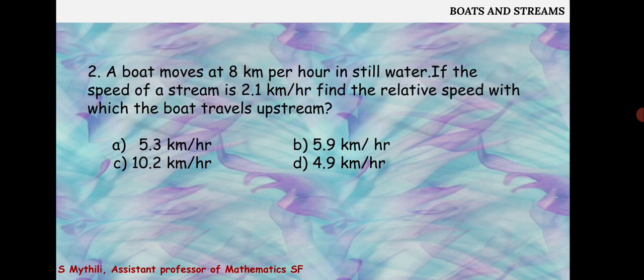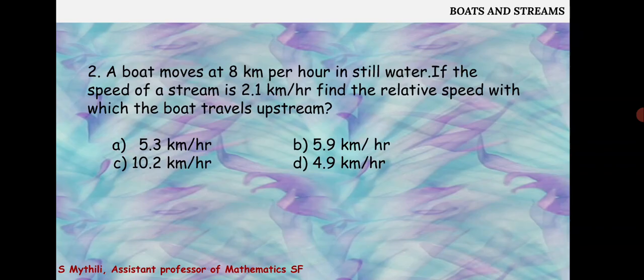A boat moves at 8 km per hour in still water. If the speed of a stream is 2.1 km per hour, find the relative speed with which the boat travels upstream. So, here in this question we have a boat that moves 8 km per hour in still water.